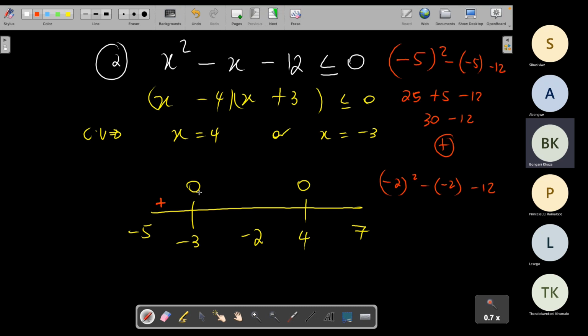It's just going to be 4 plus 2 minus 12. This is 6 minus 12. We end up with a negative sign here.